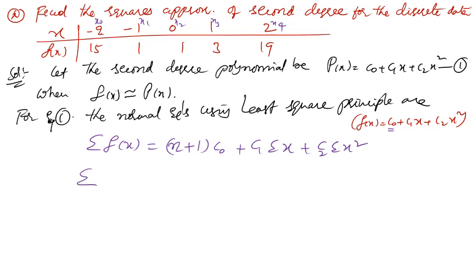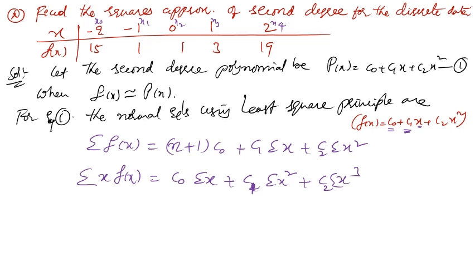Next is the normal equation for c1. What is its coefficient? x. Multiply this expression by x, sigma x into f of x on both sides. c naught into sigma x, c1 into sigma x square, c2 into sigma x cube. This is the normal equation for c1.